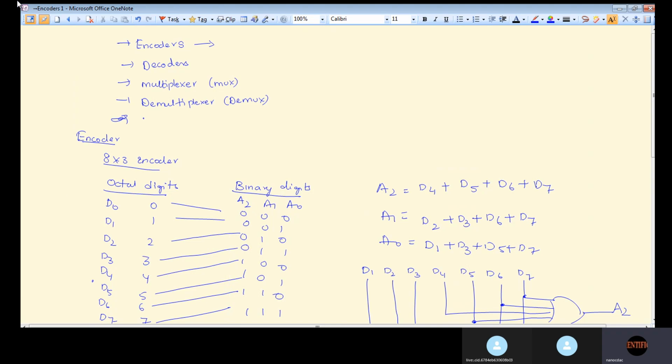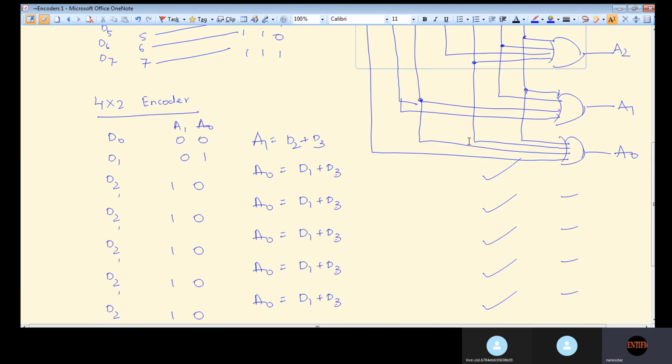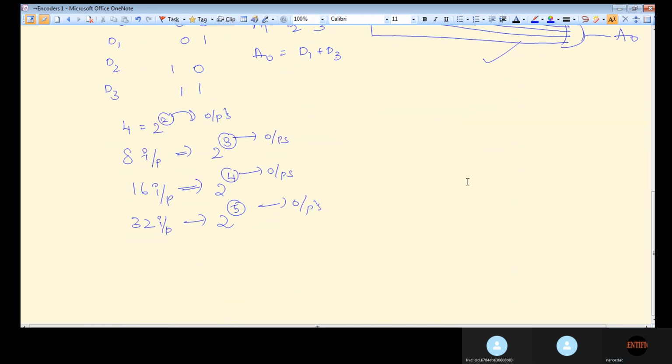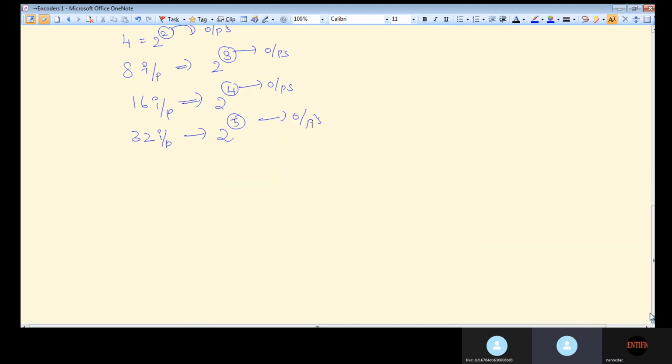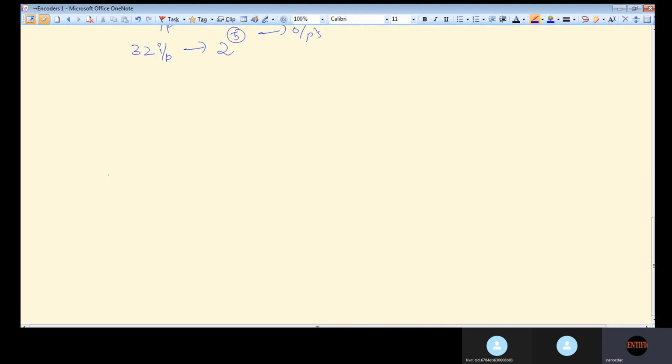ఇక్కడ ఏంటిదంటే next thing is we will see priority encoder. What do you mean by priority encoder? ఎన్కోడర్ చూసాం కదా, we will see priority encoder. Okay, priority encoder.